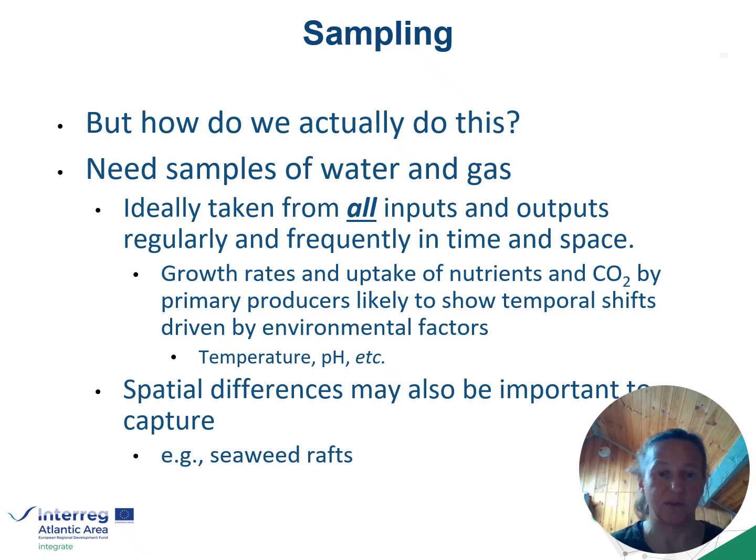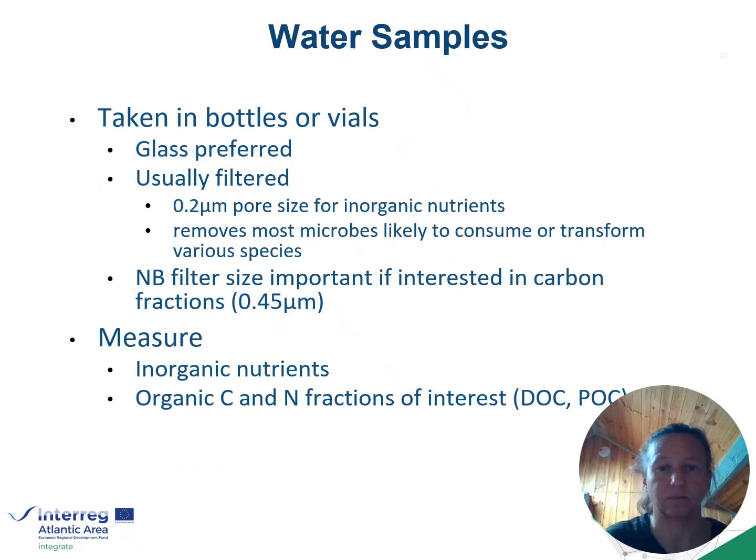For example, if you've got seaweed rafts acting as a hotspot for biogeochemical cycling compared with open water. So we would usually take water samples in bottles or vials, ideally glass rather than plastic, because glass doesn't leach materials into the water sample.